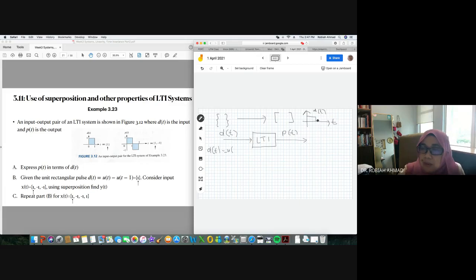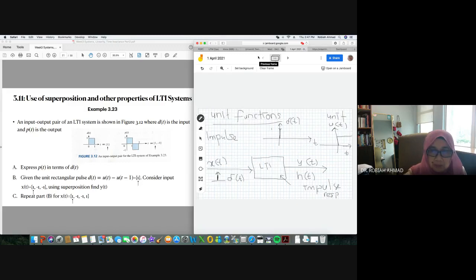Okay, in terms of unit functions, how do we write this, kita panggil apa? Square pulse ni. In terms of unit function just now. Faham tak maksud soalan saya? Saya kecilkan kat sini, impulse.